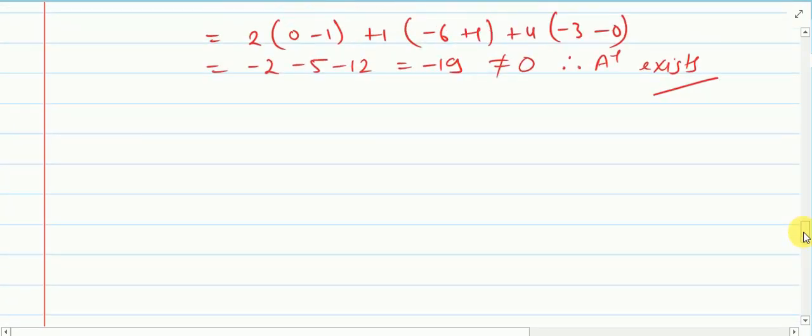Now next, A equal to IA. Yes, this is my first step.